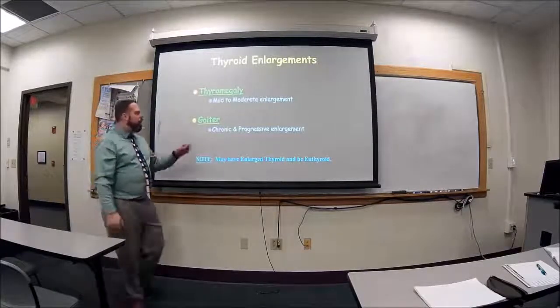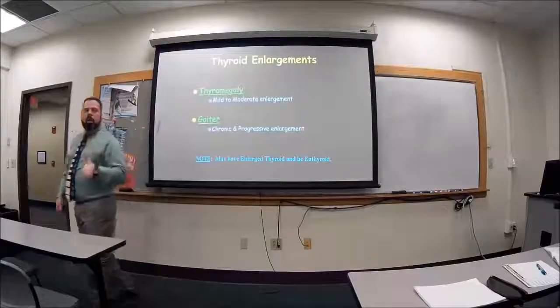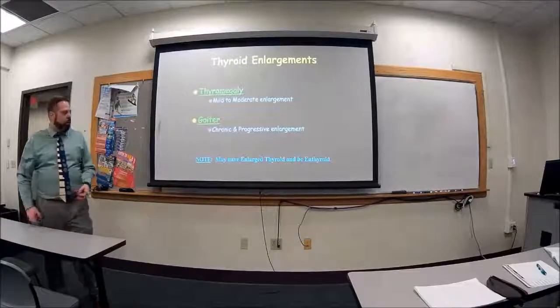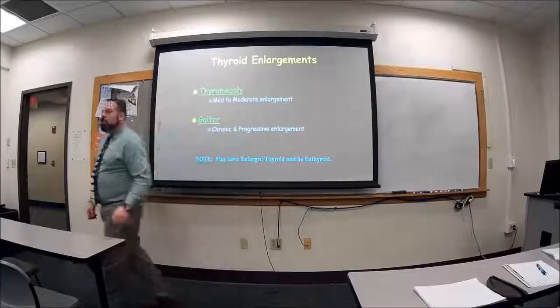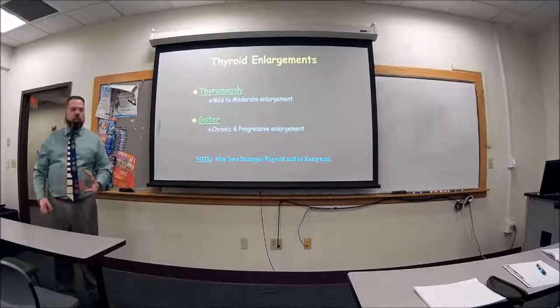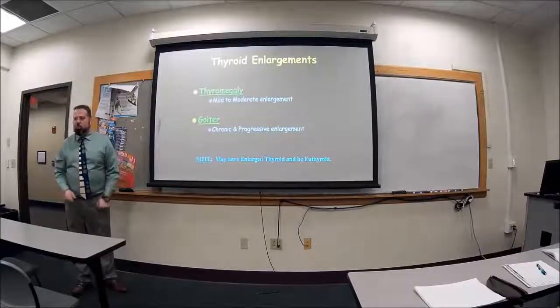So you can have a goiter or thyromegaly, and it's going to produce a normal amount of T3 and T4. We call that euthyroid. Euthyroid is EU thyroid, as opposed to hyperthyroid or hypothyroid. So euthyroid is hopefully you and I, just producing a normal amount of T3 and T4.